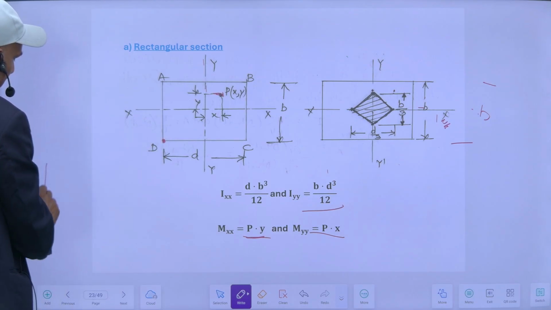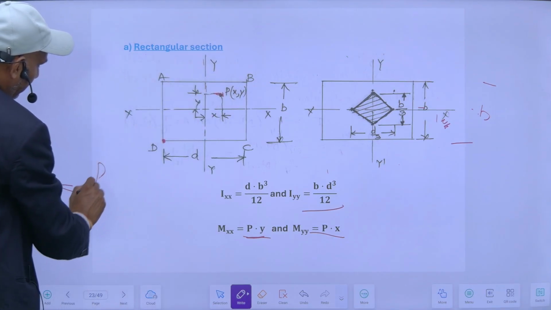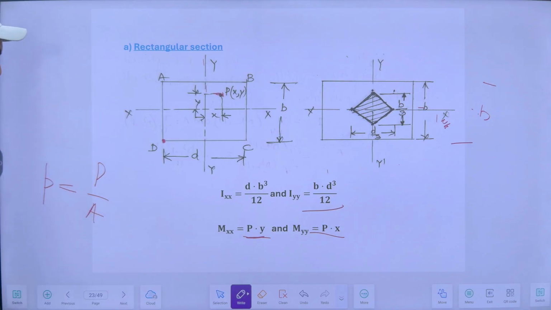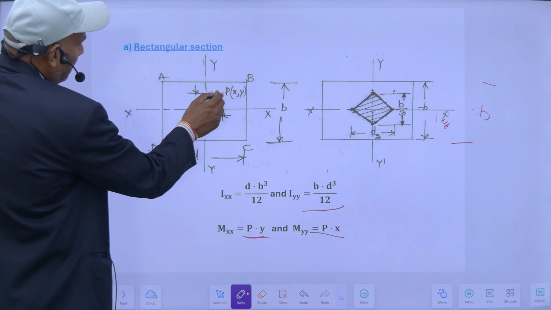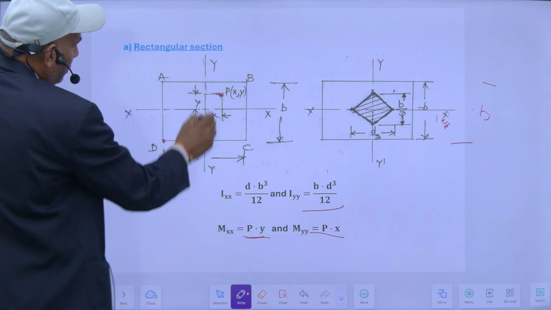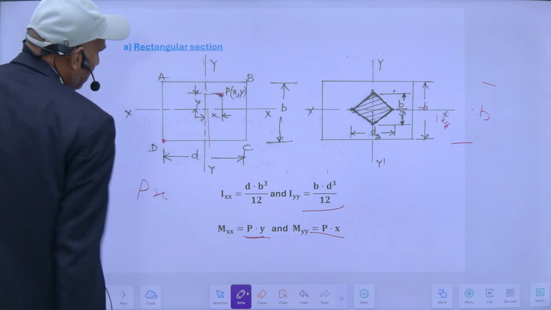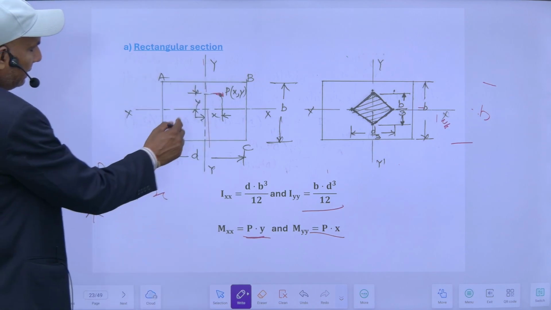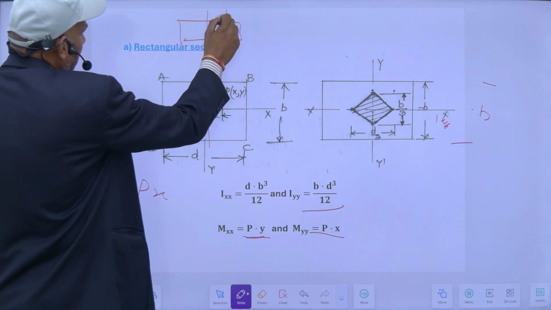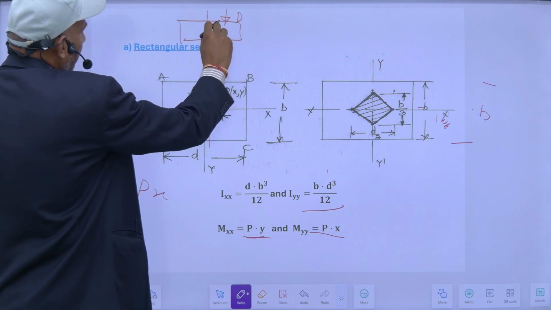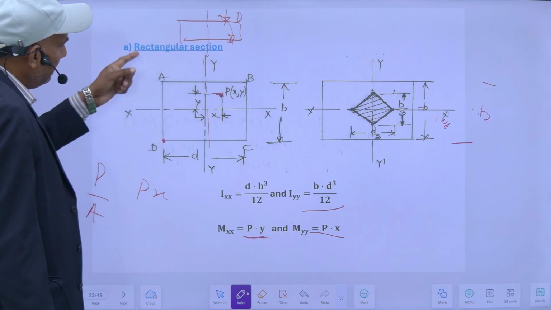The total stress will be, first, because of direct load, load upon area, which will be compressive throughout, plus because of this load there is a moment Myy. So the moment about this will be P into x, and it will act like this. It will create compression here and tensile here.